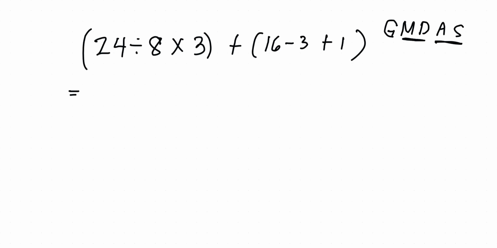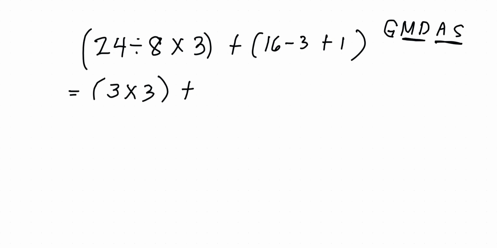And that is 3. And then just copy the times 3. Do not forget the parenthesis and then copy the addition sign. We're going to solve first here the 16 minus 3, not 3 plus 1, because the subtraction comes first in the series of operations.